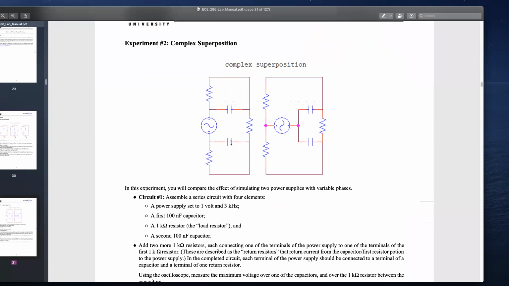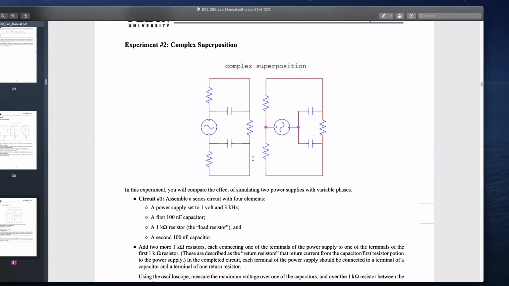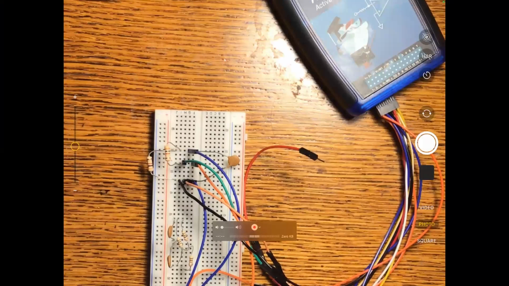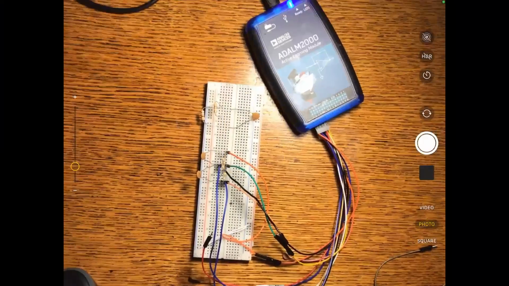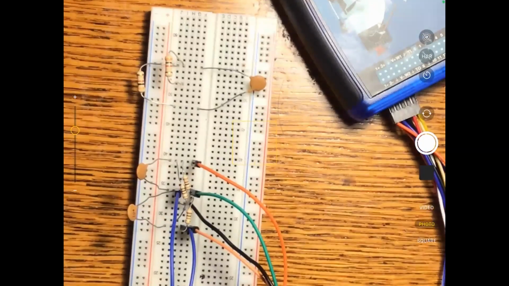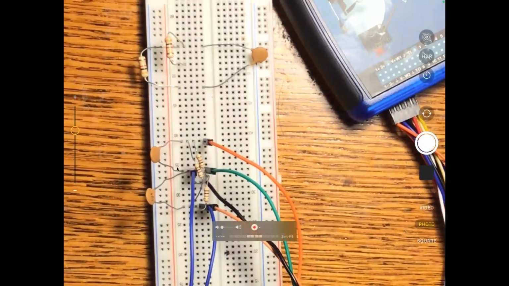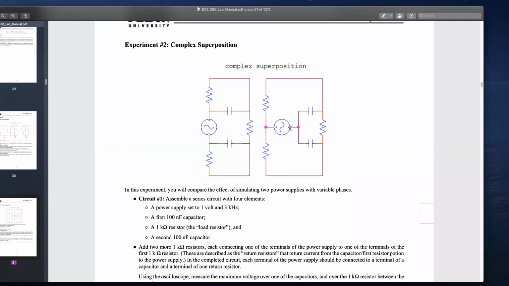On to experiment 2, you have a complex superposition circuit. Give me 1 moment to set up my circuits. Okay, so here's my circuit. Here's 2 branches of capacitors. Well, I wouldn't call this parallel.